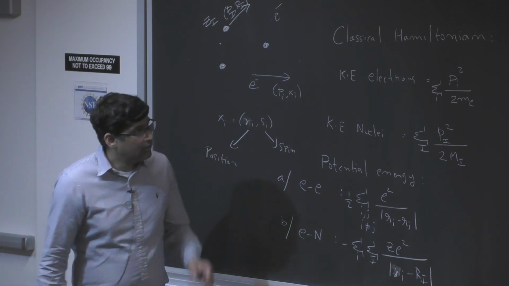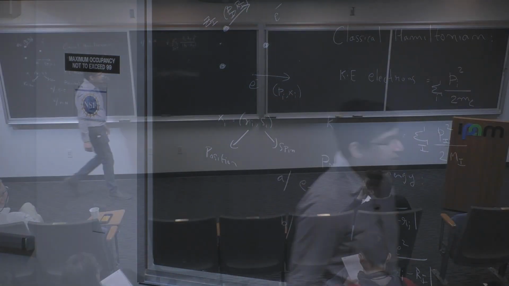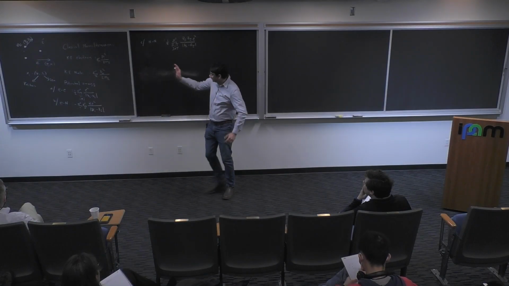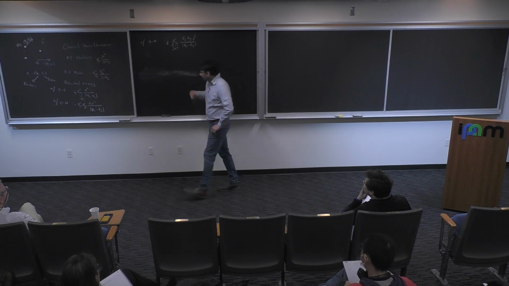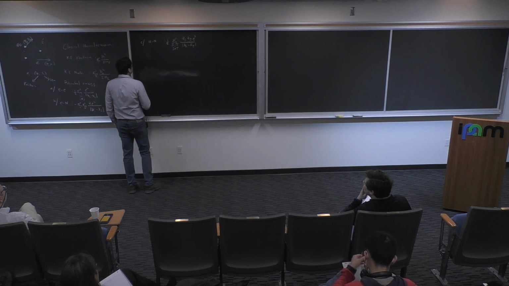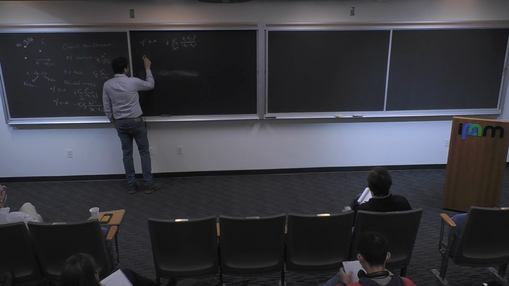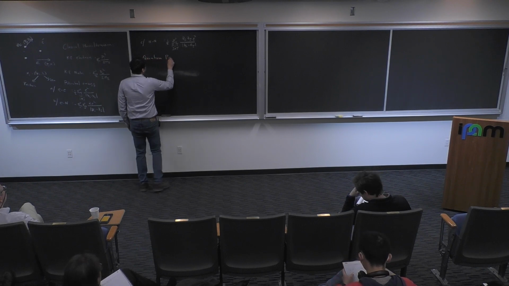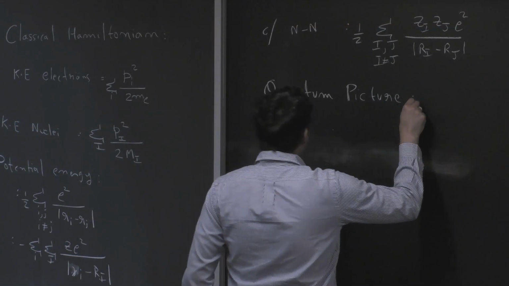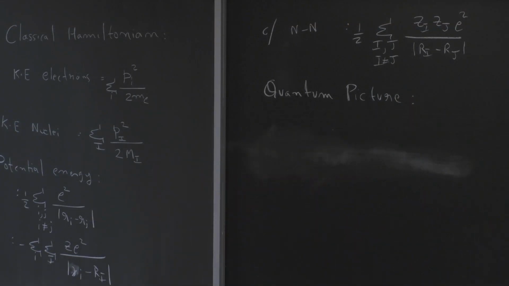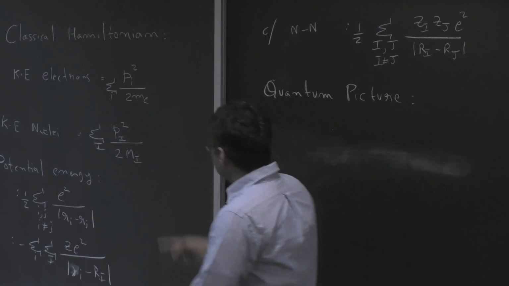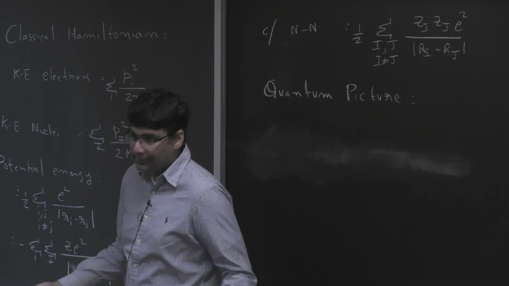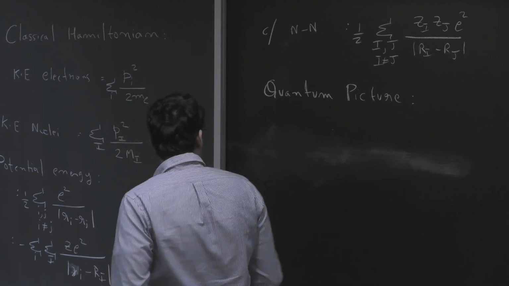So that's the total energy for the classical Hamiltonian. But once you move to the quantum picture, you start with the classical Hamiltonian and replace each of these variables with operators.